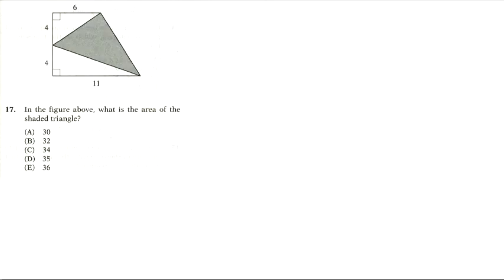In the figure above, what's the area of the shaded triangle? Alrighty. So the area of a trapezoid is going to be half of 6 plus 11. Really what we're trying to do here is find the midpoint here, so we can take this triangle and move it up here.